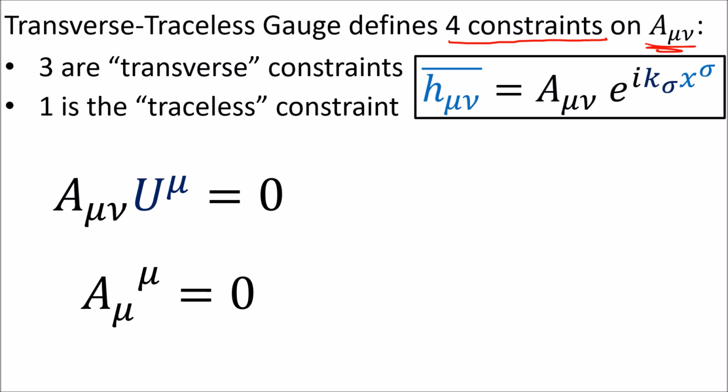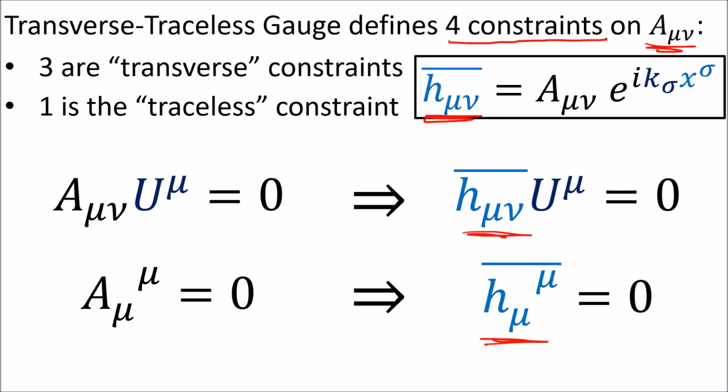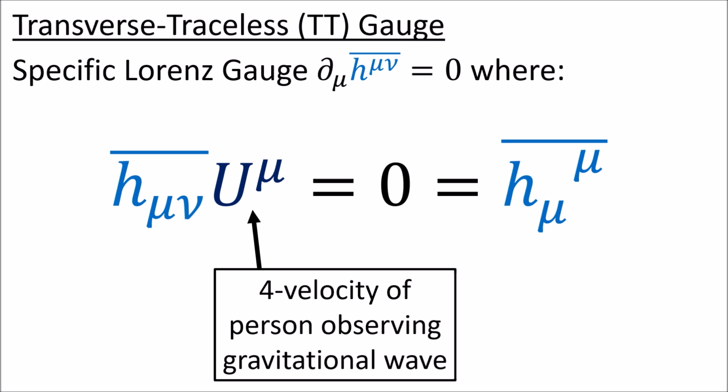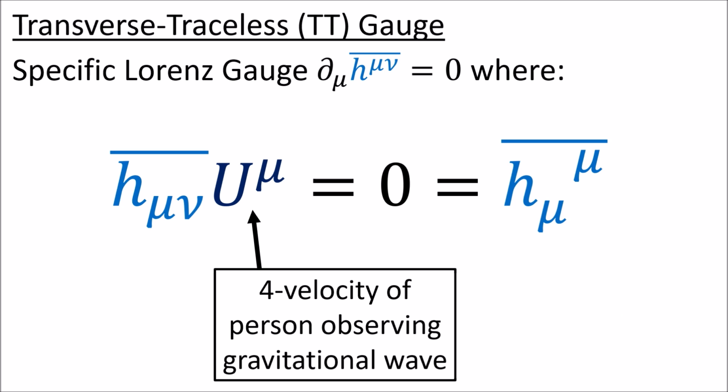And since the wave amplitude A sits in front of the plane wave formula, we can also rewrite these constraints with h bar instead. So these conditions define a specific Lorenz gauge coordinate system called the Transverse-Traceless Gauge. And these 4 constraints reduce the total degrees of freedom on our wave amplitude down to 2.